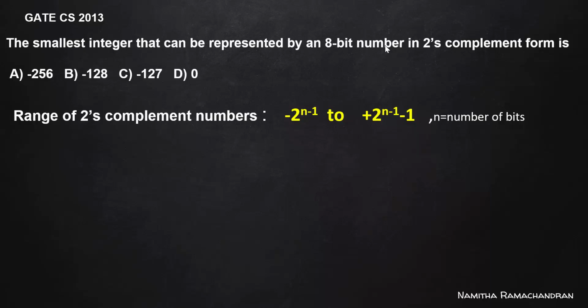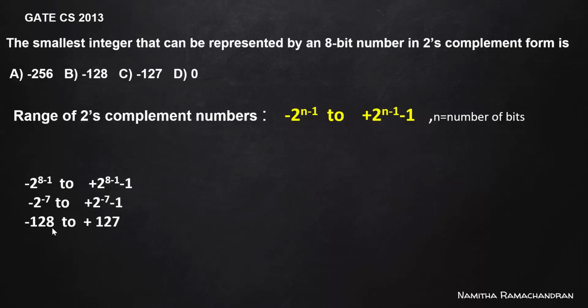So while applying n equal to 8 here, we get minus of 2 to the power 8 minus 1 to plus 2 to the power 8 minus 1 all minus 1. That is minus of 2 to the power 7 to plus 2 to the power 7 minus 1.